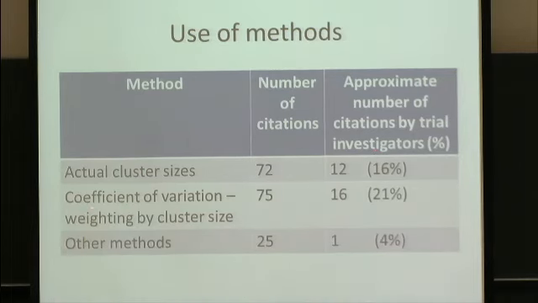For the papers which use coefficient of variation and assume that you're doing an analysis weighting by cluster size, there's 75 citations, and 16 of those are cited by people who might conceivably be going on to do trials. The other methods where people are assuming that you're doing a more efficient analysis, there are 25 citations, and only one of those is somebody who might be going on to look at a trial.